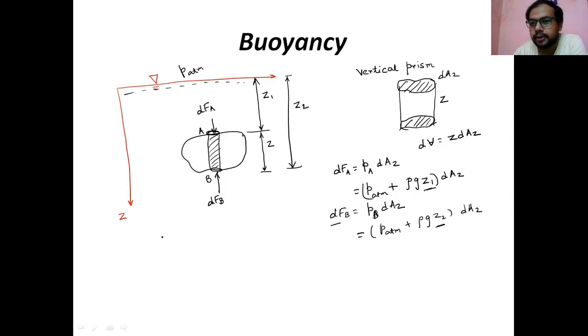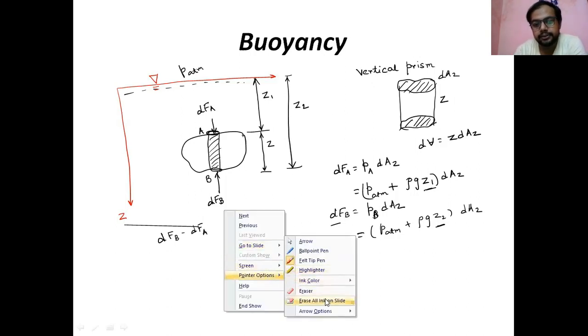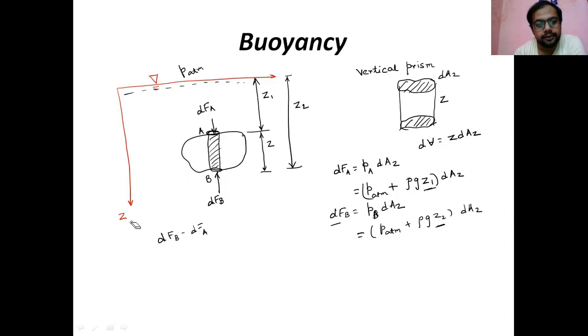So the net upward force is acting over the vertical elemental prism. The net upward force over the vertical elemental prism is dFB minus dF1. So that is the net force acting over it.